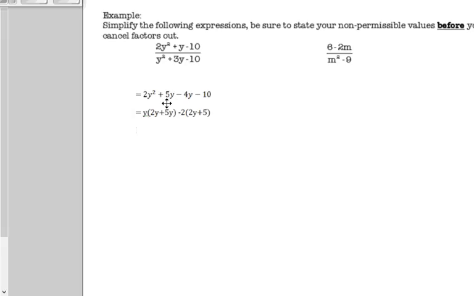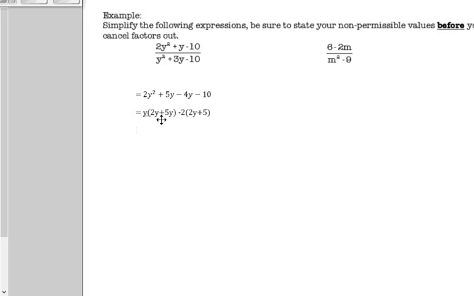We'll substitute 5y and minus 4y in for y. This is y decomposed. We've simply rewritten it as 5y minus 4y so that we can factor it. We're going to group the first two terms together, and from those terms we can take out a y, leaving us with 2y plus 5.